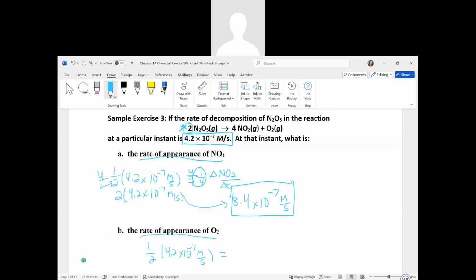We're going to set that equal to, for oxygen, which just has a 1 for a coefficient, 1 over 1 times x. So we don't have to do much complicated calculation here. This turns into just 1. So we know that x would equal 1/2 of 4.2, or 2.1 times 10 to the negative 7 molar per second.